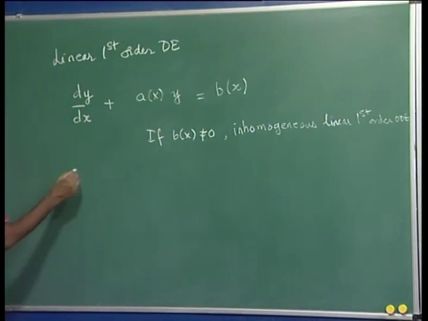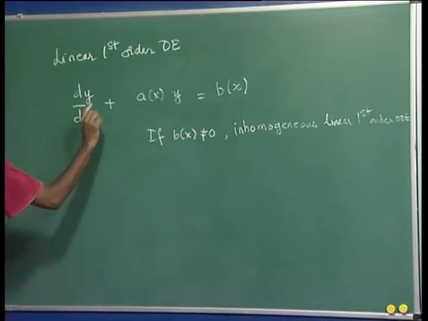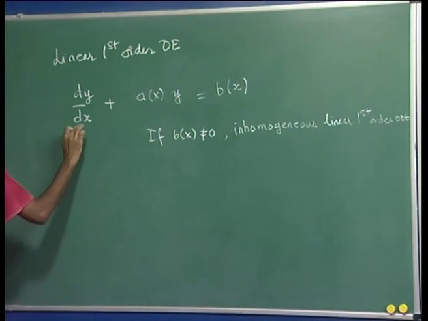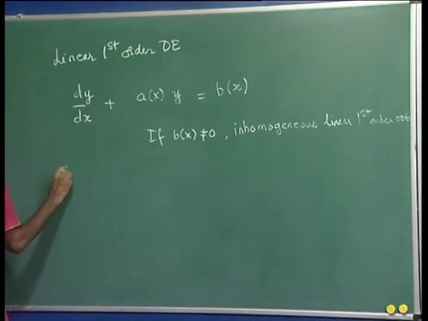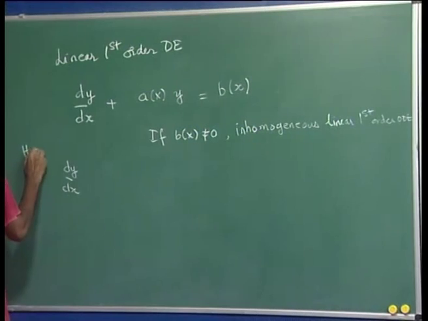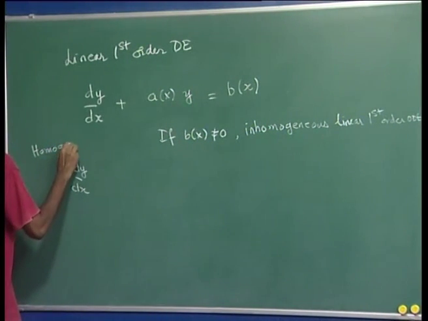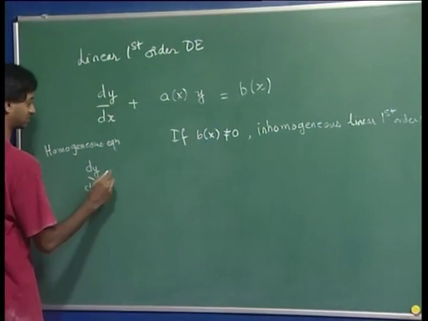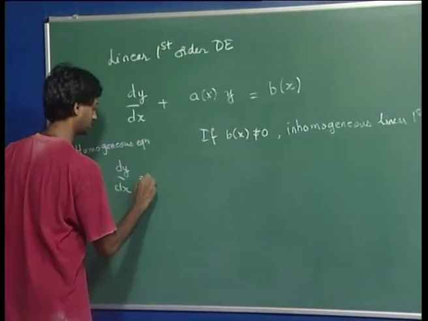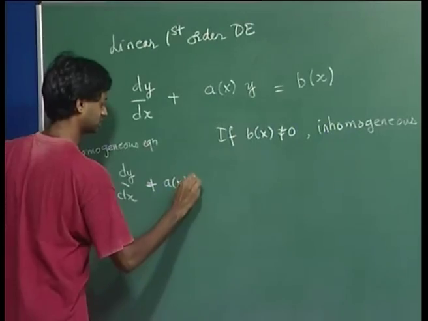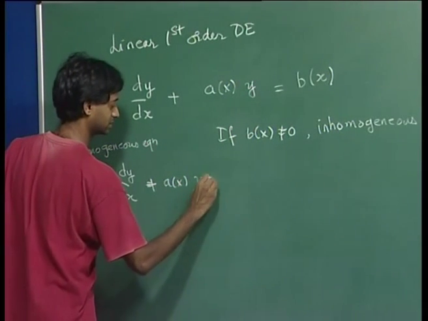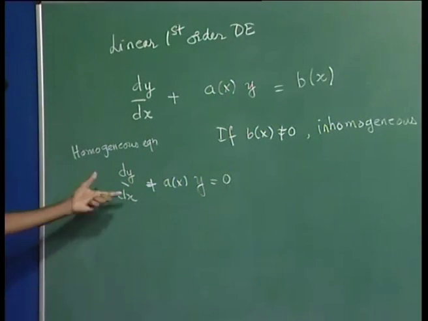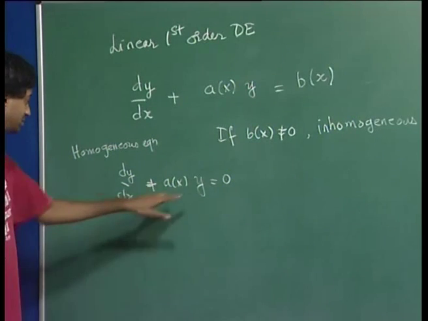In order to write the solution, we will first look at the homogeneous equation, the homogeneous equation dy by dx plus a of x y equal to 0. So this homogeneous equation can be solved by separation of variables.